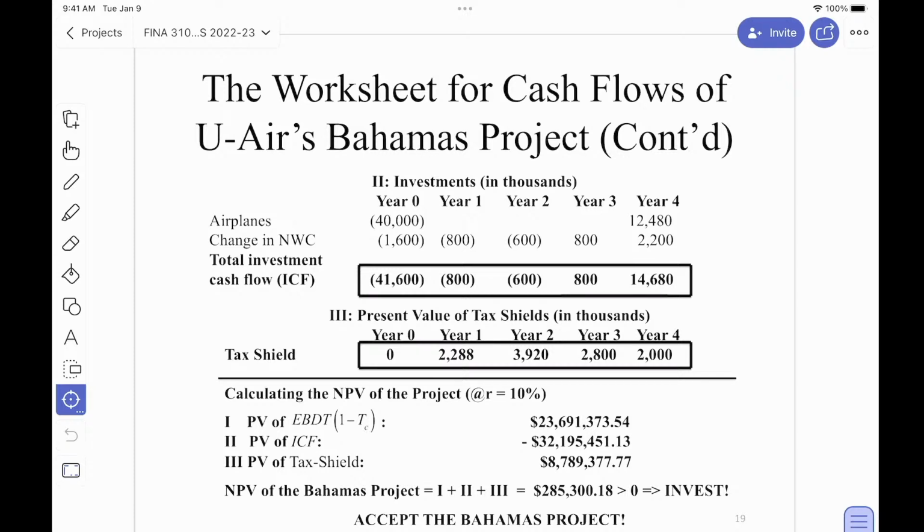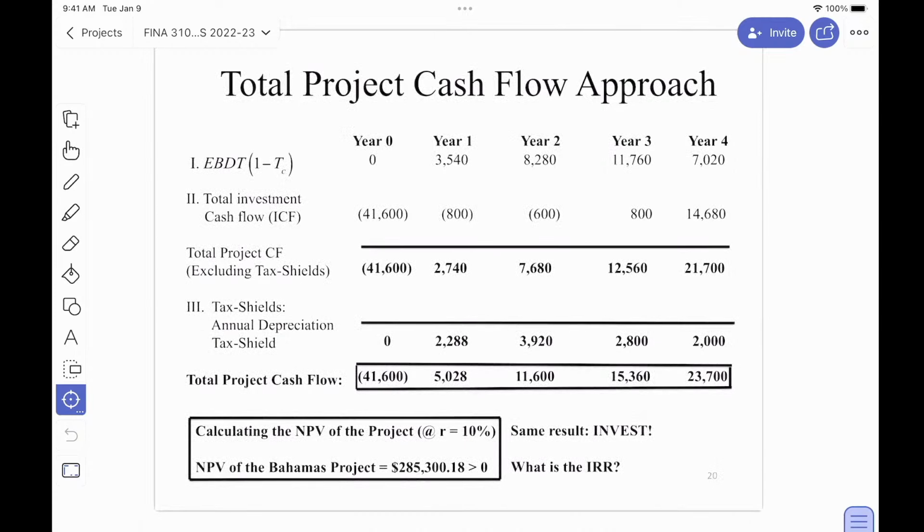So remember, this is all contingent on all of the assumptions we made about what's going to happen. And it's only as good a decision as are the estimates. This is just a slide to show you, you could calculate the cash flows for the project by putting the 3 together, right?